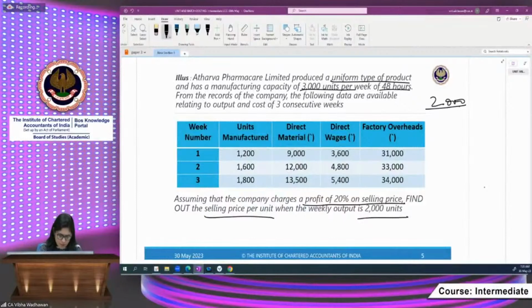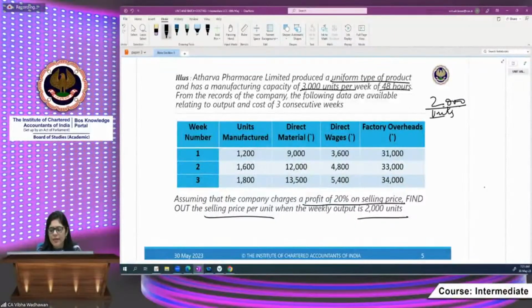How much is the unit? 9,000 divided by 1,200 is 7.5. Then 12,000 divided by 1,600. You have to calculate whether the direct material is a variable cost or not. Only then will the same rate be applicable for 2,000 units.